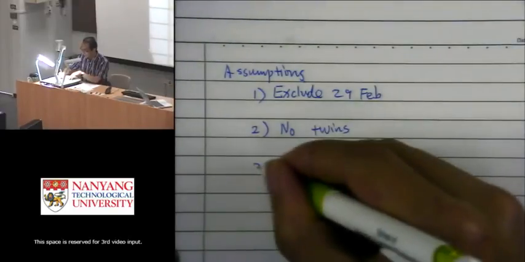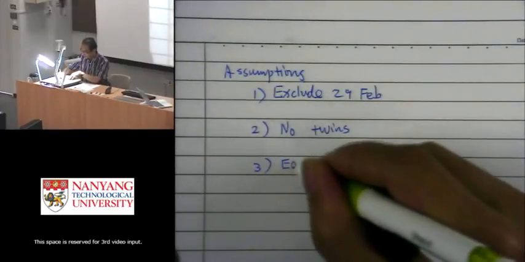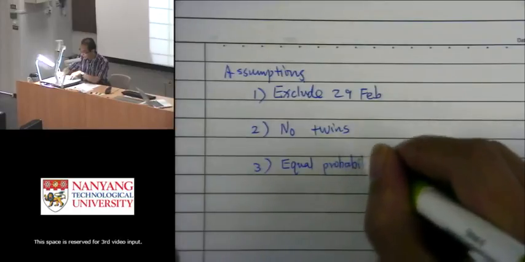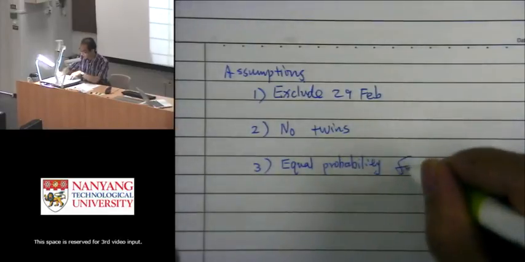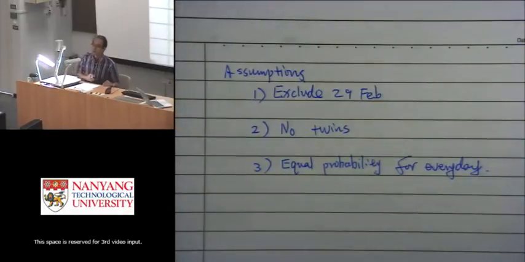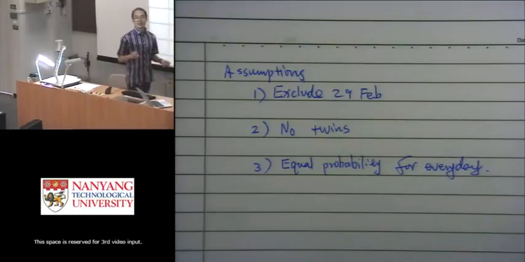And the third one is equal probability for every day. So the third assumption, it just assumes on each day we get the same amount of new babies.